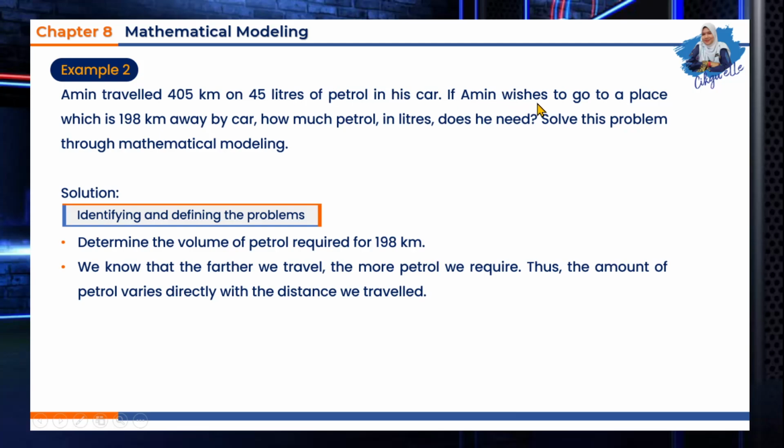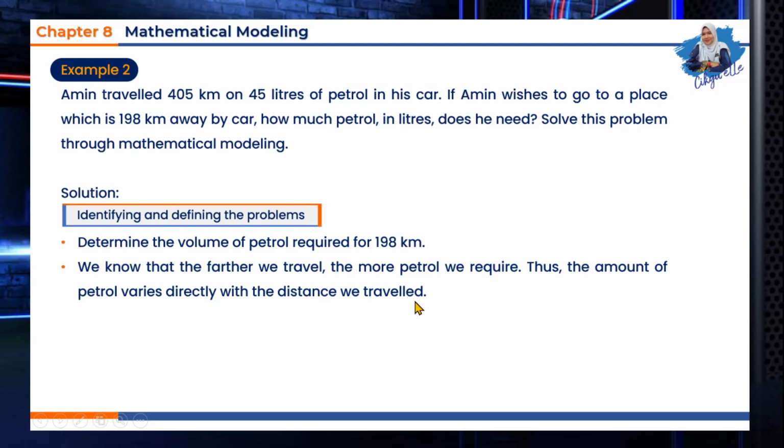And now Amin wishes to go to a place which is 198 kilometers away, and you want to know what the petrol consumption is. So you just write out what the problem is. The problem is to determine the volume of petrol required for 198 kilometers, and we know that the farther the travel, the more petrol we require. Thus the amount of petrol varies directly with the distance we travel.